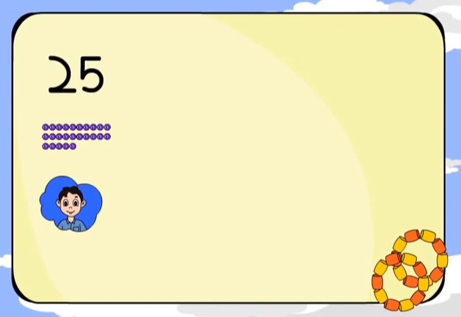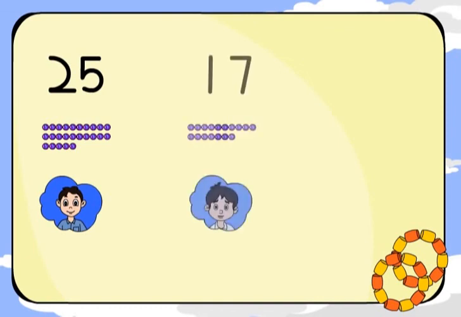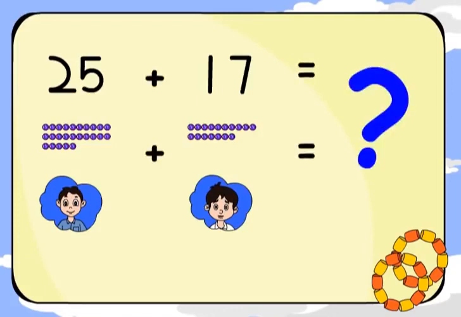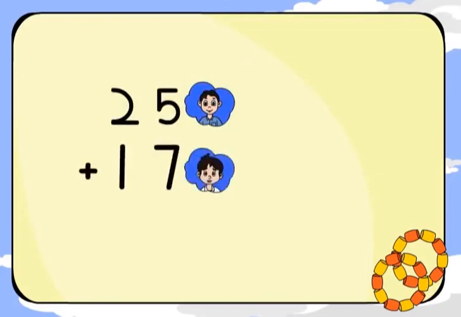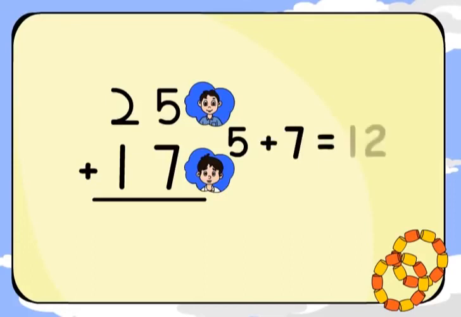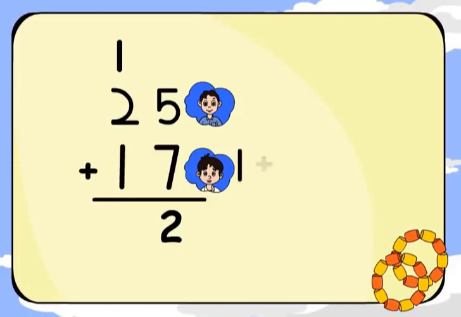Chinu has 25 marbles. Sahil has 17 marbles. How many marbles are there in all? 25 plus 17 is equal to 42.